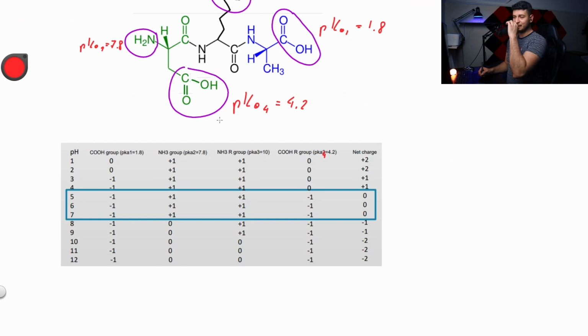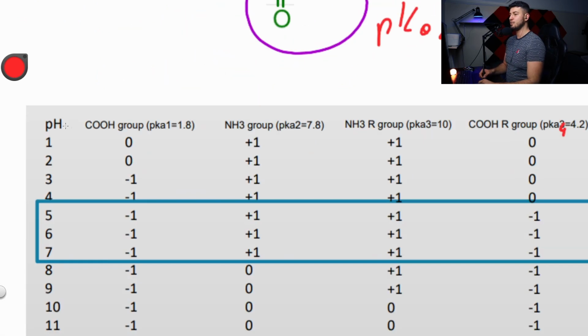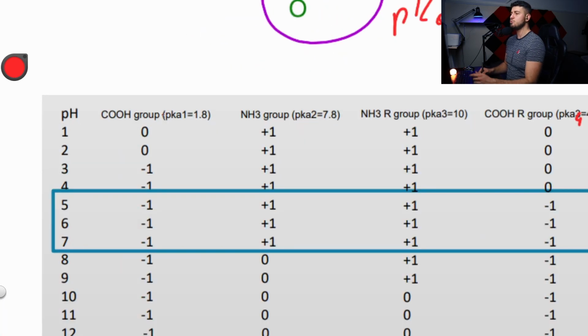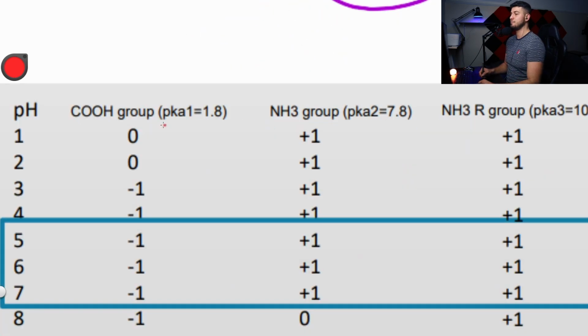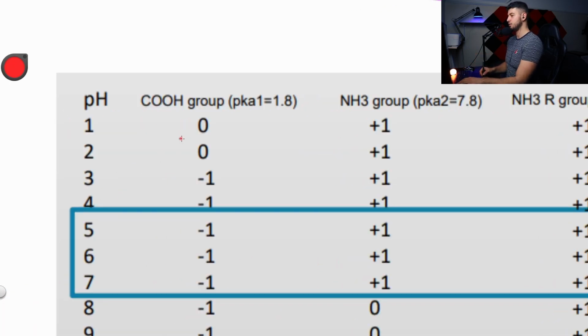Now, when you take a look at these columns here, which represent the charge of a given functional group, you can see that the charge will change close to the pKa value. So if that's 1.8, when you go a bit farther, for example 2, you should get -1.